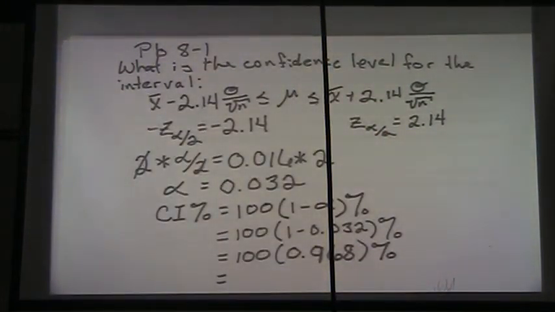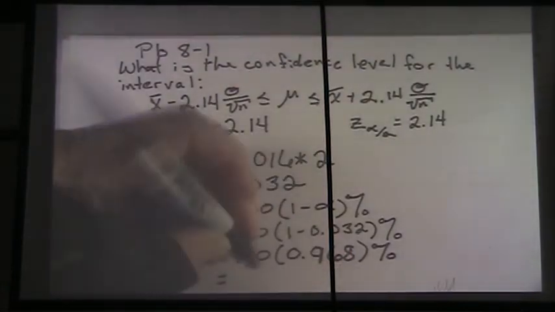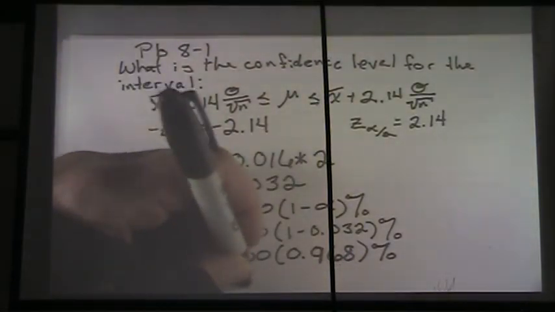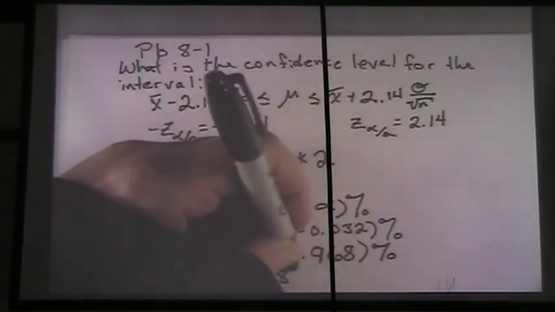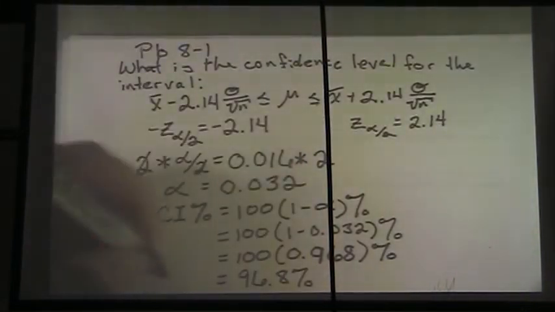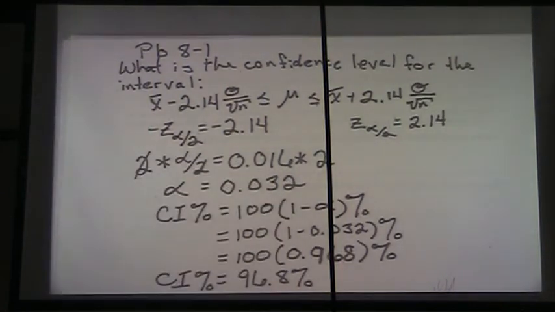When we multiply something by 100, that means we're going to move our decimal point over 2 places. So here and then here. So we put down 96.8% is our confidence level.